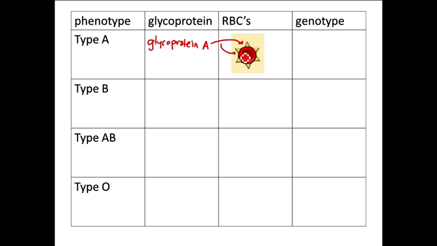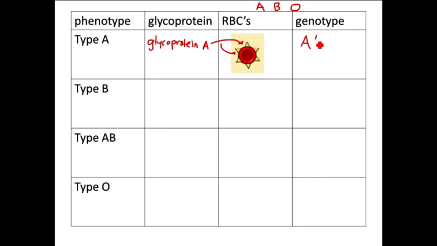The genotypes that go with this, there are actually two. So remember, you have the A allele, the B allele, and the O allele, and each person is going to have two of those. Definitely somebody who makes glycoprotein A must have one copy of the big A allele, right?